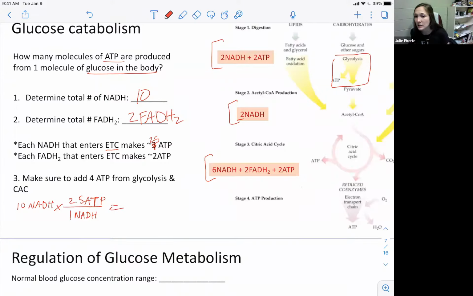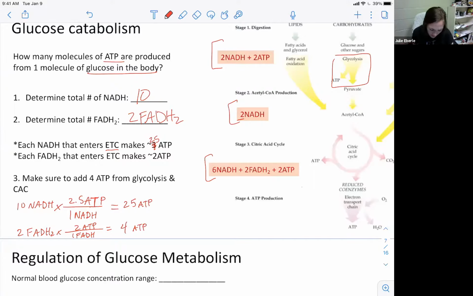This is how much ATP would be produced just from 10 molecules of NADH. So 25, right? And then 2 FADH2 times 2 ATP for every 1 FADH2. So that's 4. This is ATP, by the way.